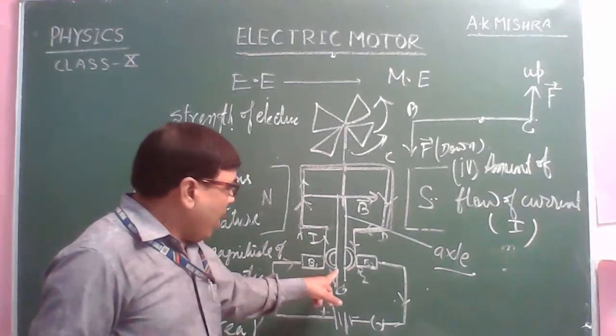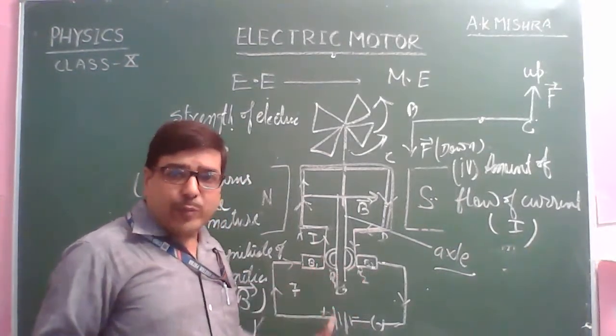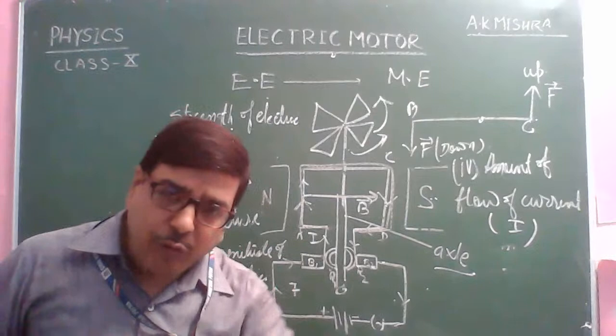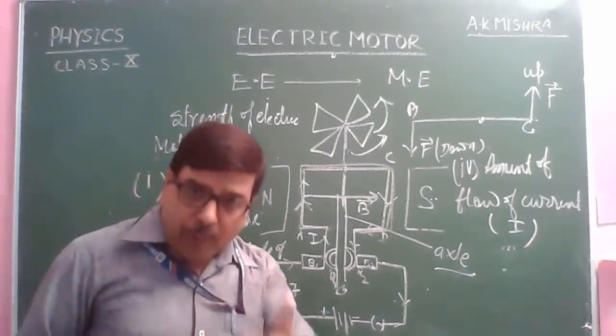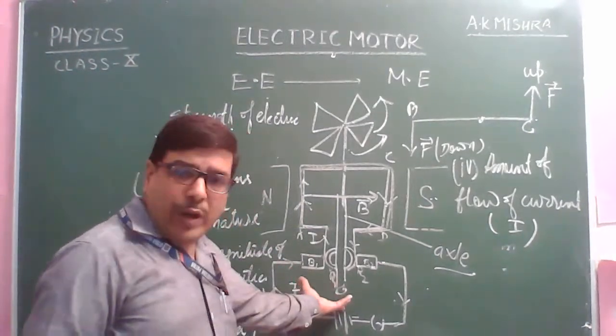Second, the split ring. The split ring is in the form of two halves of a ring made of metal.